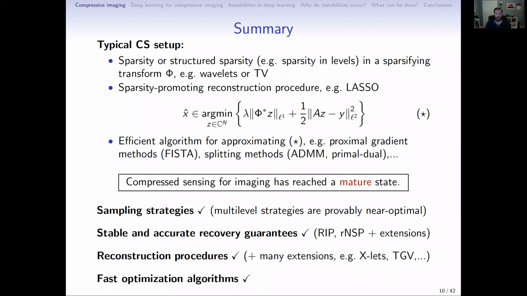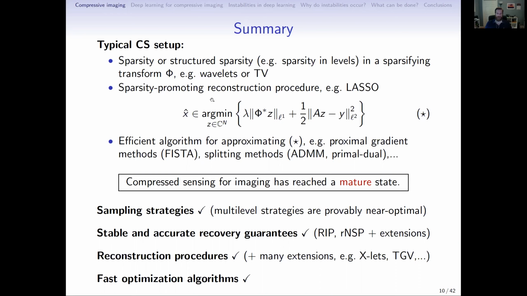We know that there are recovery guarantees that assert stability and accuracy of the recovery through the compressed sensing theory, so properties such as the RIP, the robust null space property, things like that. And we also know how to do many generalizations and variations on this theme.